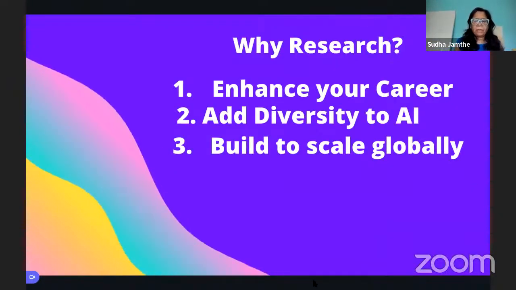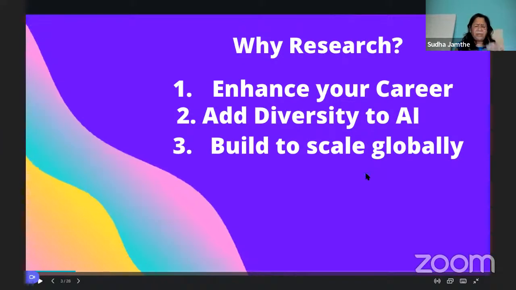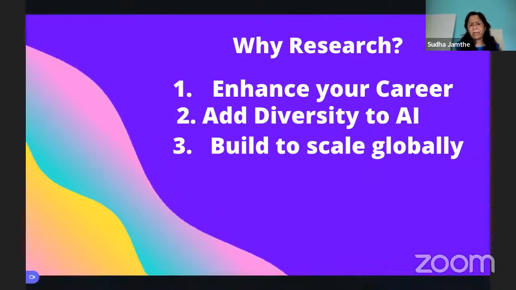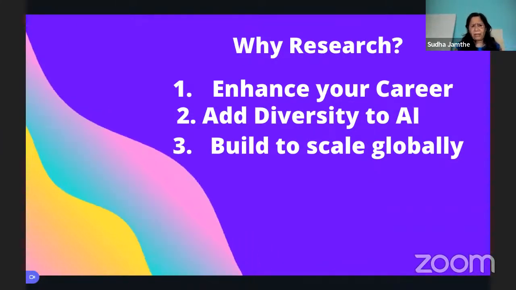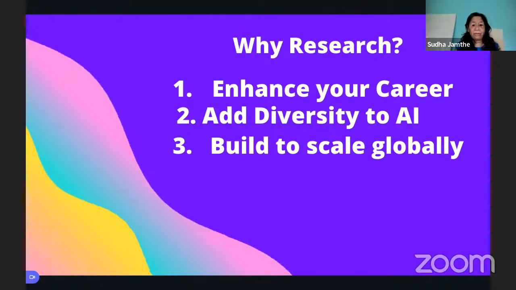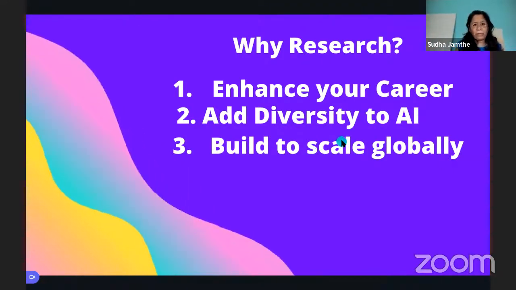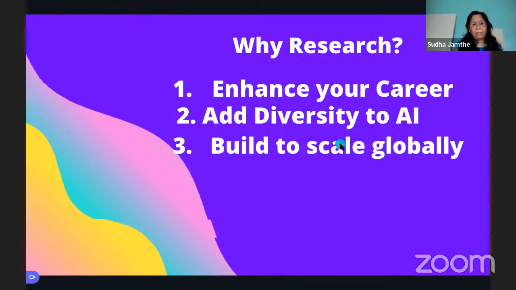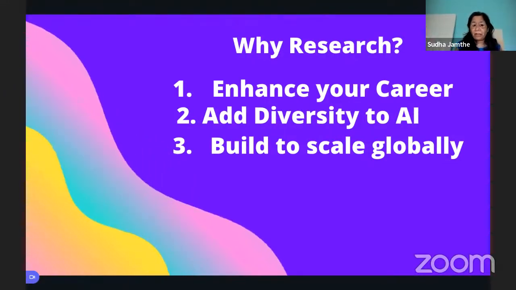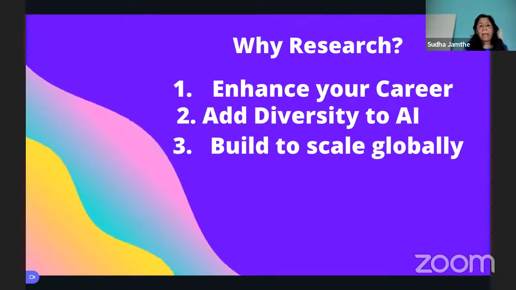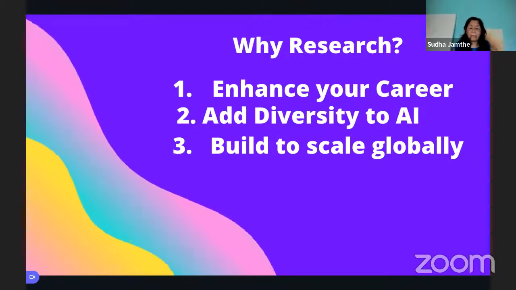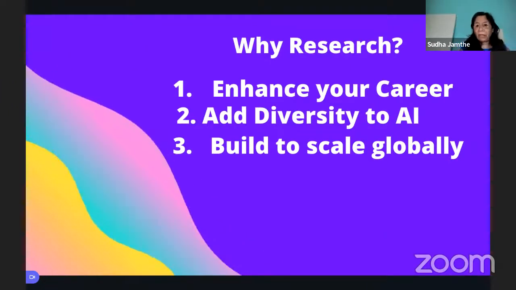So at a high level, when you think about why AI research, obviously you can enhance your career and add diversity to AI. We can talk about that in a little bit. But what I found from my own experiences is, I have published lots and lots of articles, hundreds of articles, and I have done many, many talks, and I put all my content out.